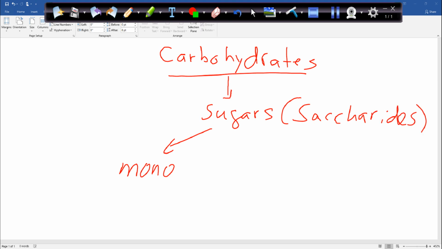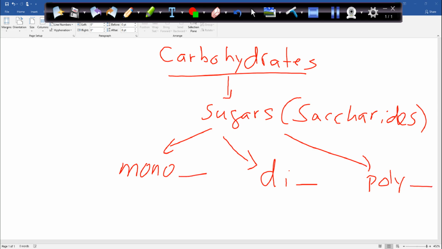So they are mono, they are di, and they are poly saccharides, of course, correct? Disaccharides, monosaccharides, polysaccharides. Those are sugars.